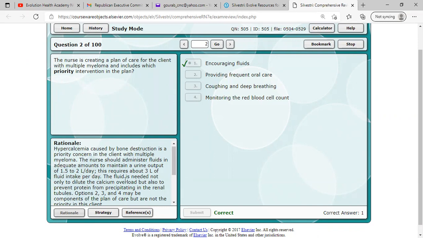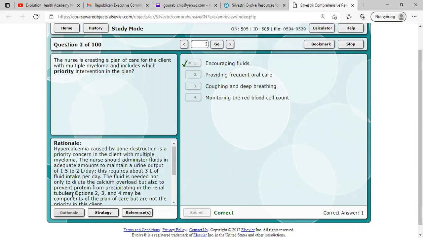The fluid is needed not only to dilute the calcium overload, but also to prevent protein from precipitating in the renal tubules. Multiple myeloma can also lead to complications, one of the major ones being amyloidosis.